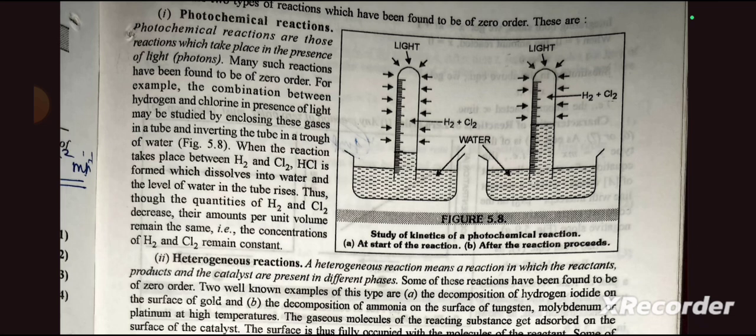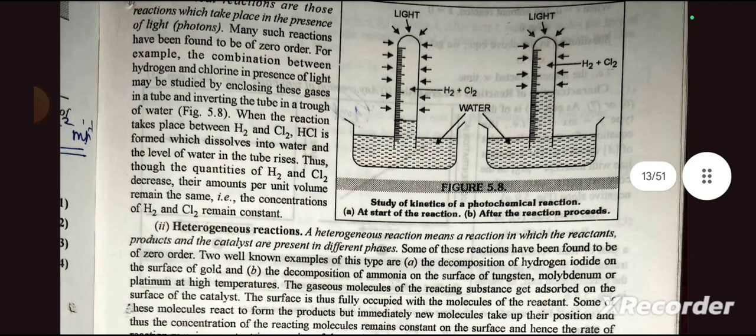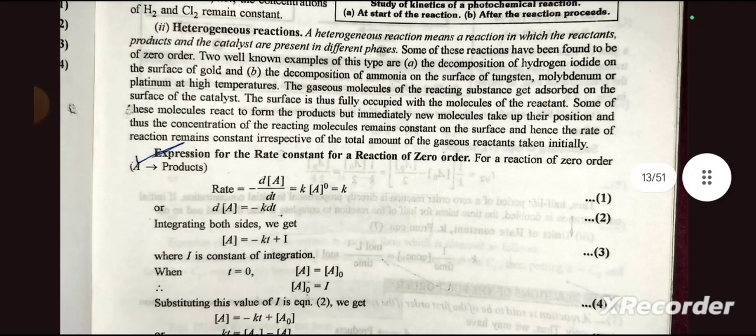Photochemical reactions are those reactions which take place in the presence of light, photons. Many such reactions have been found to be of zero order. For example, the combination between hydrogen and chlorine in the presence of light may be studied by enclosing the gas in a test tube and inverting the tube into a trough of water.